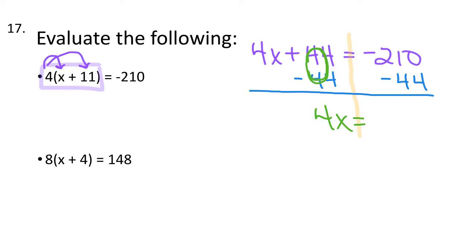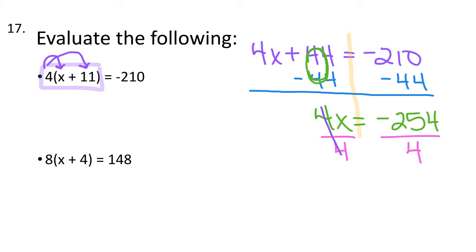And that is equal to negative 210 minus 44, which is negative 254. Now our equation says 4x equals negative 254. We need to divide both sides by 4 to get the variable x alone.